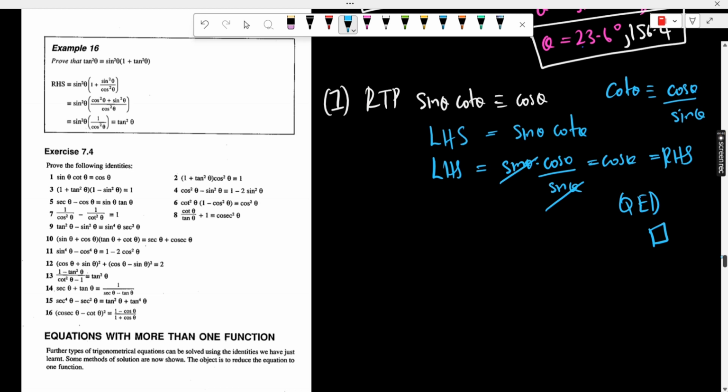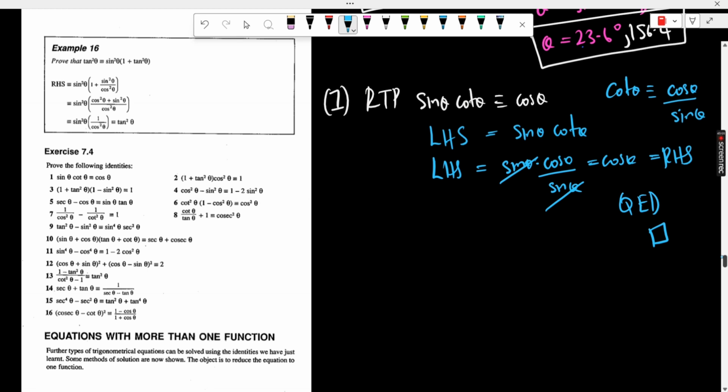The right-hand side is just cosine theta, so there's no way we can make that any simpler. We normally start with the more complicated side and simplify it, so we had no choice but to start with the left-hand side.